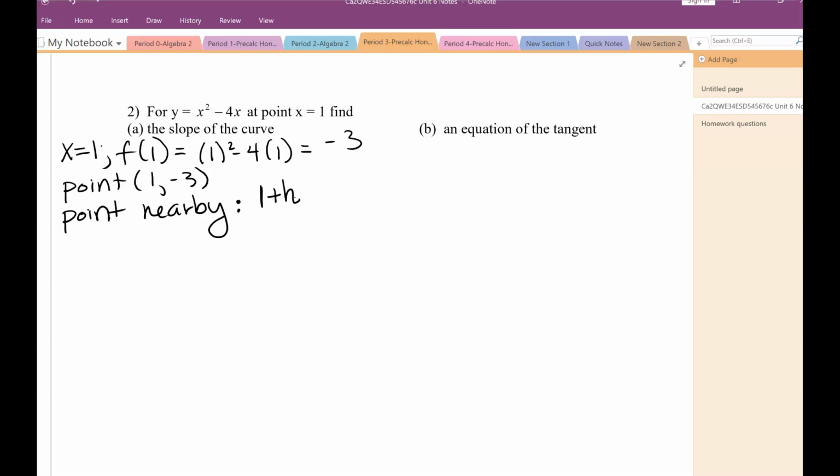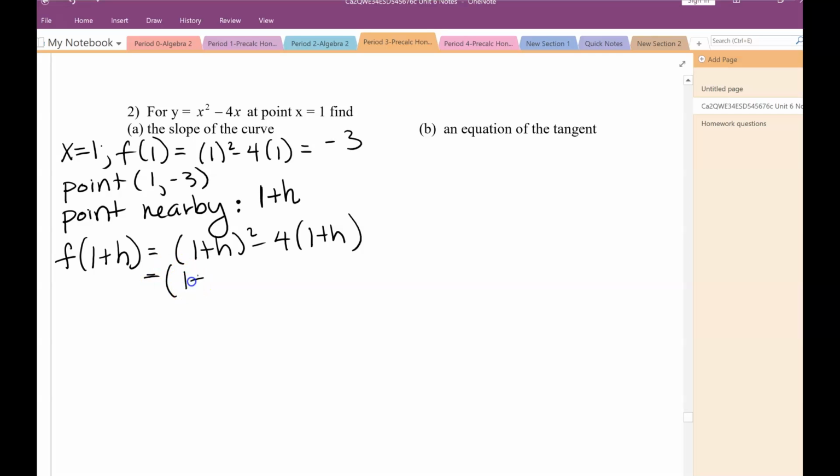So let's find f of 1 plus h, because wouldn't that give me the second point? Would that give me the second point? Yeah, let's plug it in. So this is going to be the quantity 1 plus h squared minus 4 times 1 plus h. Distribute that out.